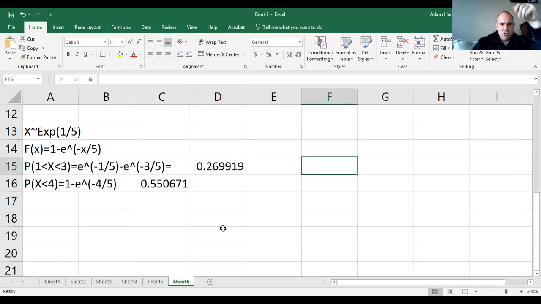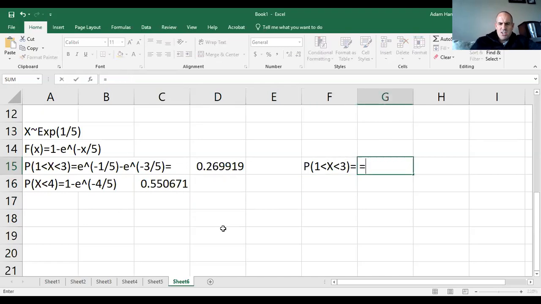Now watch, I could actually compute this in another way. The probability of 1 less than x less than 3 equals what? Well, I go equals x. Now I'm going to use the actual distribution. See this thing that says distribution right here? I can click on that. What's my x here? First of all, I want to go all the way up to 3.